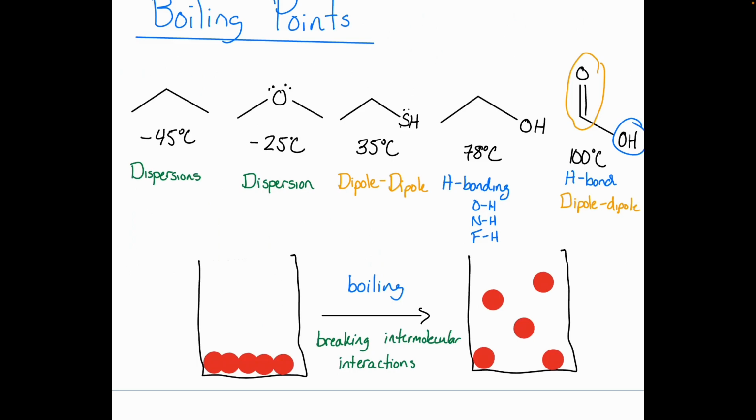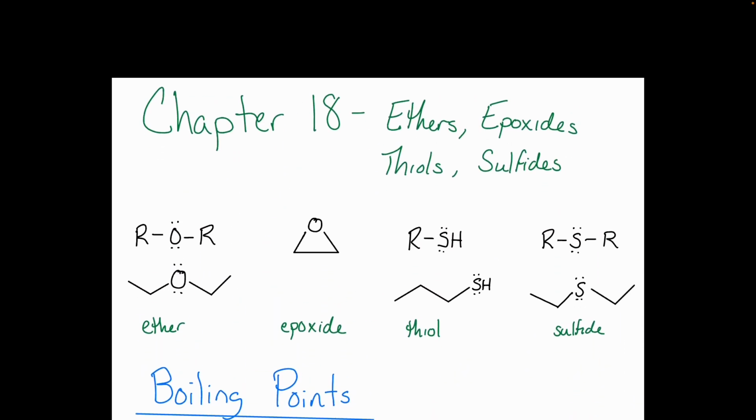Okay. Cool. We're going to sort of focus a lot today on ethers. These are not terribly reactive functional groups. There are a few reactions of ethers we're going to learn. But first things first, we're going to do our ether nomenclature.